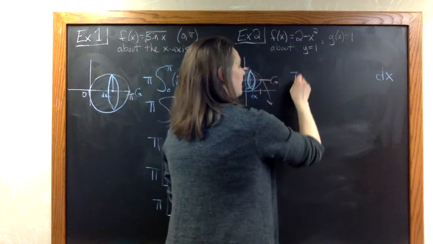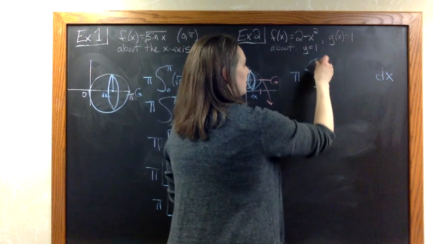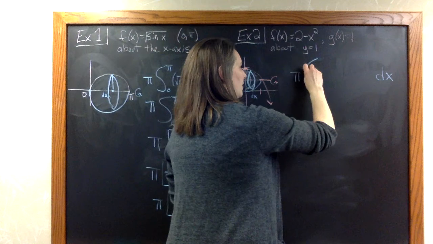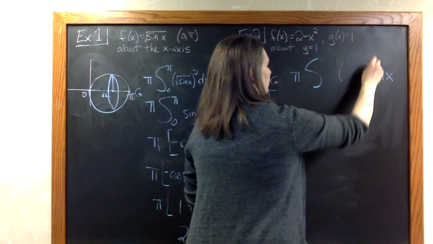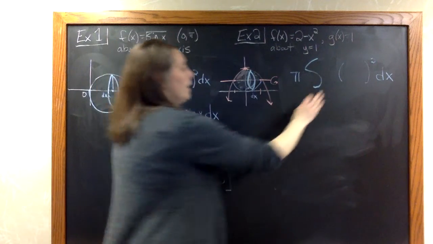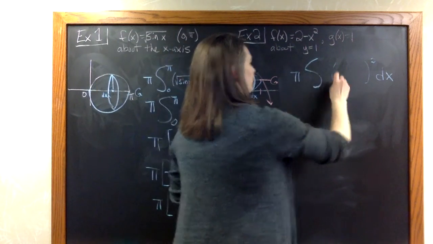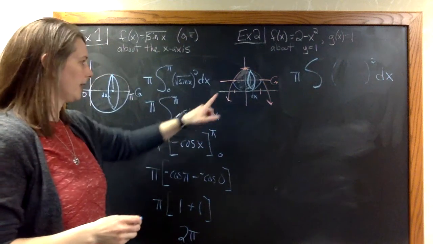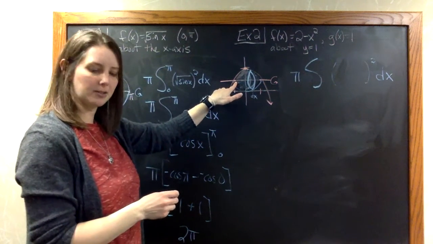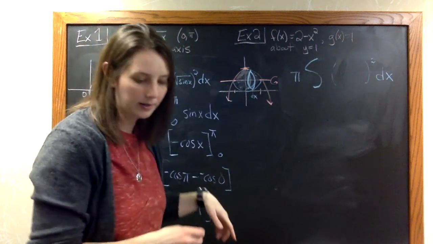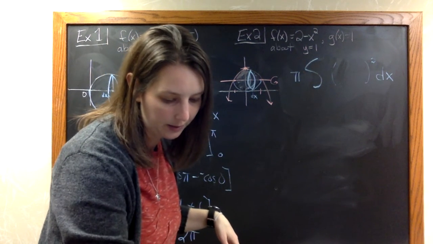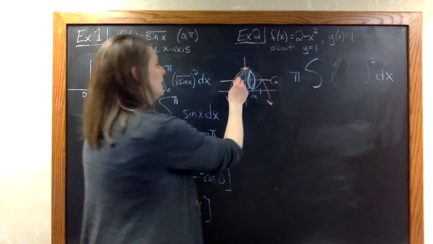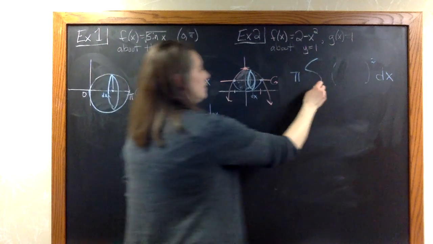So we're going to do pi, and then all of our circles, r squared. We just have to figure out what r is. From where to where? Pretty easy to see that this goes from -1 to 1.